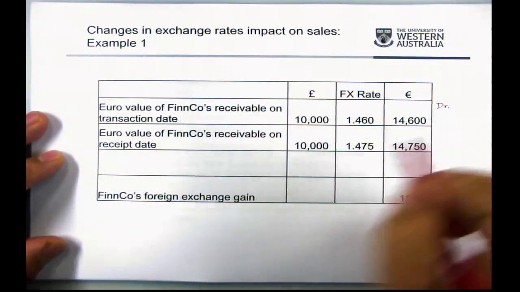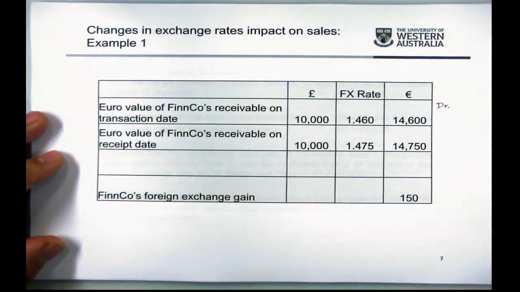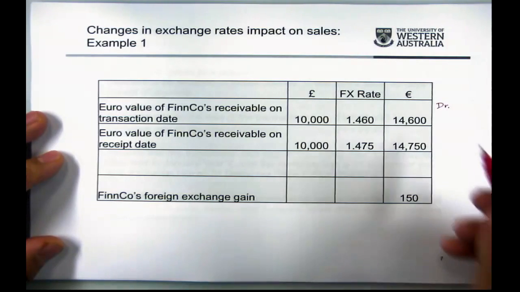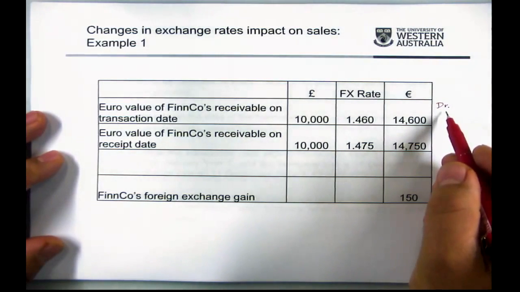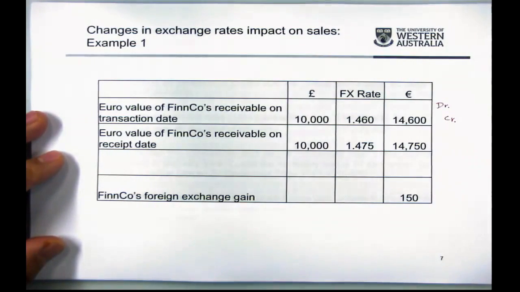Debit what? Who can tell? And I will give her or him no lollies. Who can tell? What is the debit for? Which account will go debit? This is the entry. Debit what?